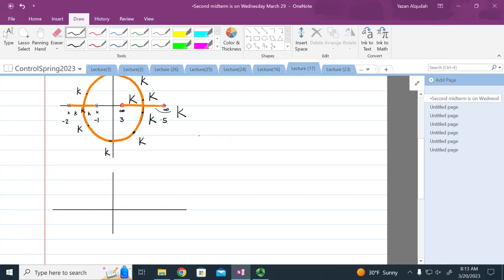The zeros are at 3 and 5, and -1, -2 are the poles. So if I come here and plot the relationship between k and the pole locations and the zeros location, the 3 and the 5, I'm going to have a graph that looks something like this.